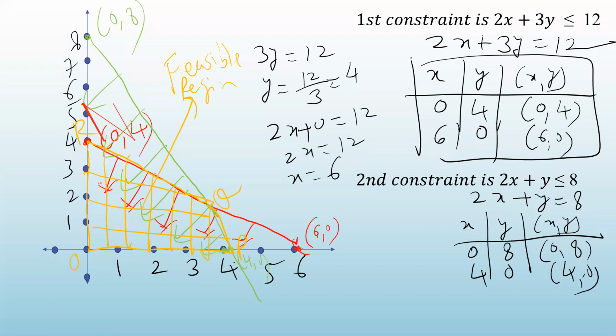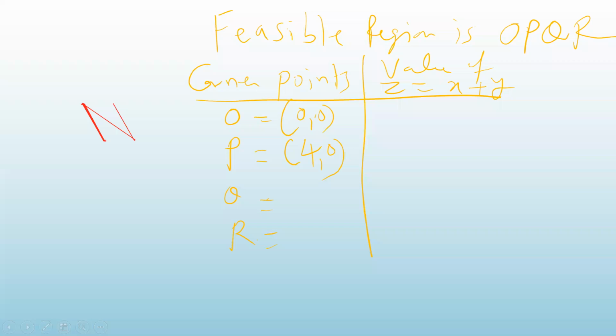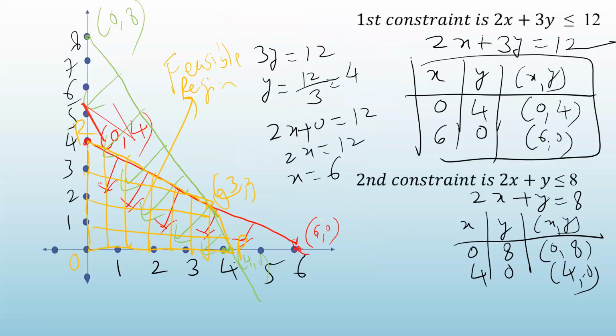It is actually 3, 2. It is not drawn exactly here, it will be somewhere here. So Q is 3, 2. You can see here, if you put x equal to 3, 6 plus 2 is 8, and 6 plus 6 is 12. Right, so this is 3, 2. Q is 3, 2. And what is R? R is 0, 4.